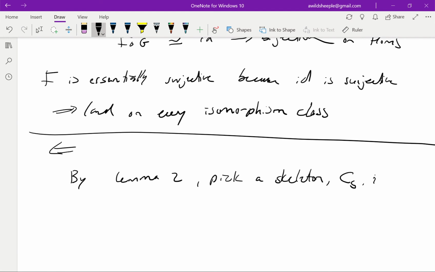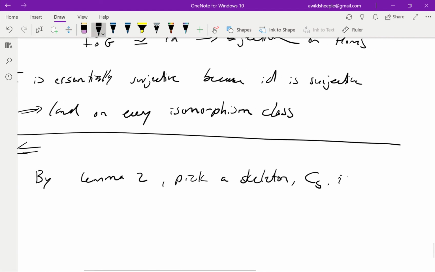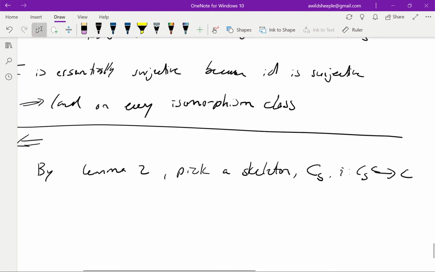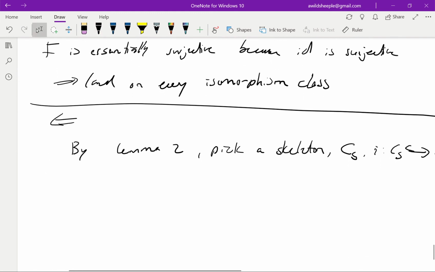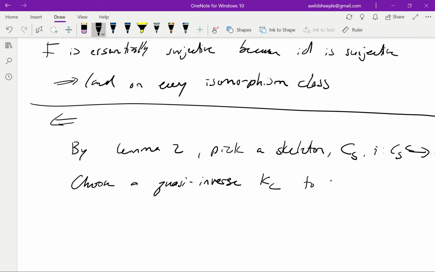And we pick an embedding I from CS into C. And what we do is then choose a quasi-inverse. And this quasi-inverse will denote by KC. All right, the quasi-inverse to the embedding.